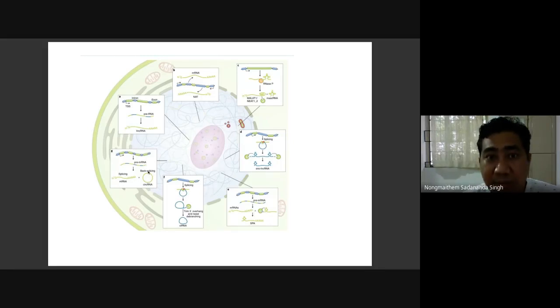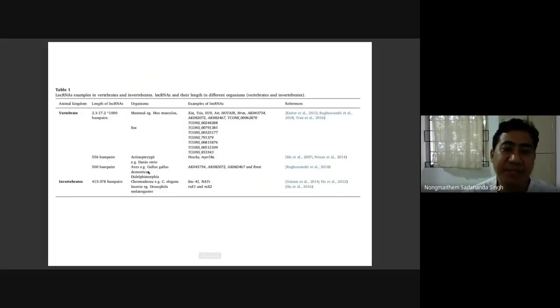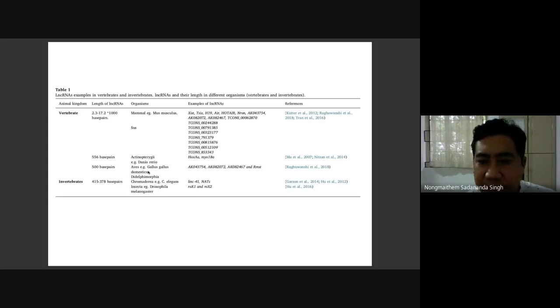Going ahead, there are a lot of long non-coding RNAs which have been discovered. This is just an example, a limited example, that has been shown to be there in many organisms. For example, the X-inactivating long non-coding RNA, that we talk of in X chromosome inactivation, which is seen in mammals.